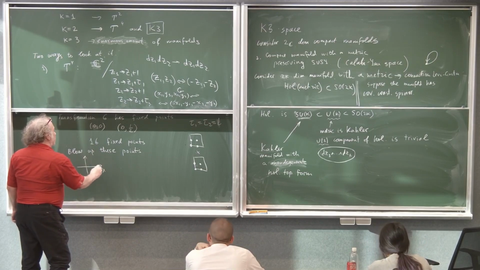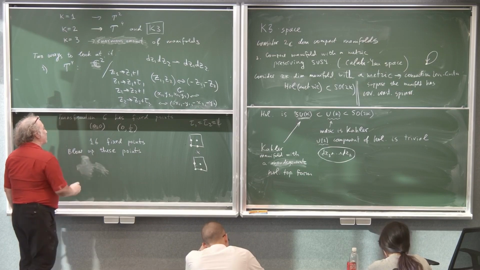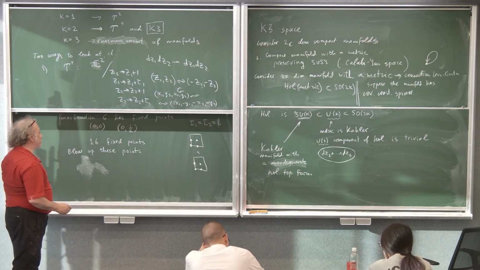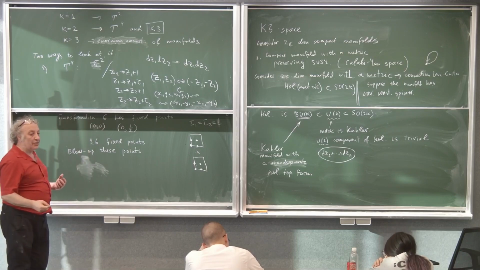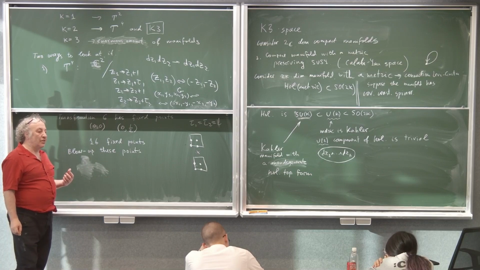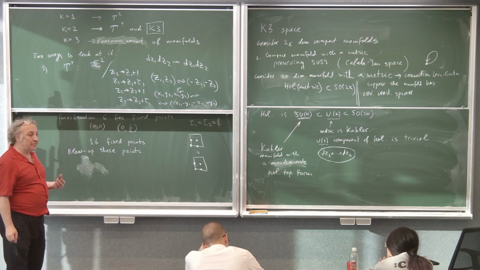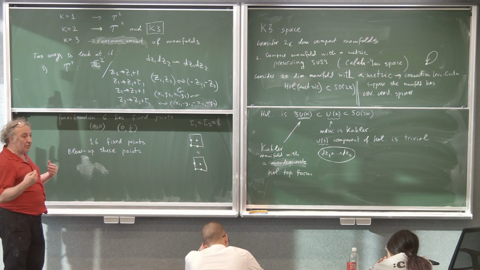So how to draw it? If you know what blow up is, you'll probably understand. If you don't know what blow up is, you may understand it in the following way.